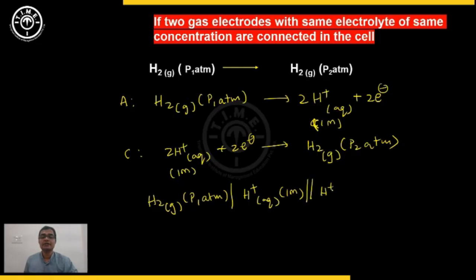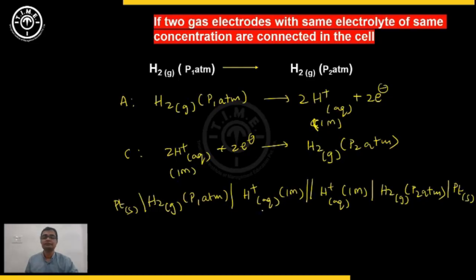Again H plus ion, mention its aqueous state and its concentration in small brackets. Then a single vertical line, hydrogen gas and its pressure in small brackets, P2 atmosphere. In both cases platinum is used as an inert electrode, which you must compulsorily mention. You have to note that.